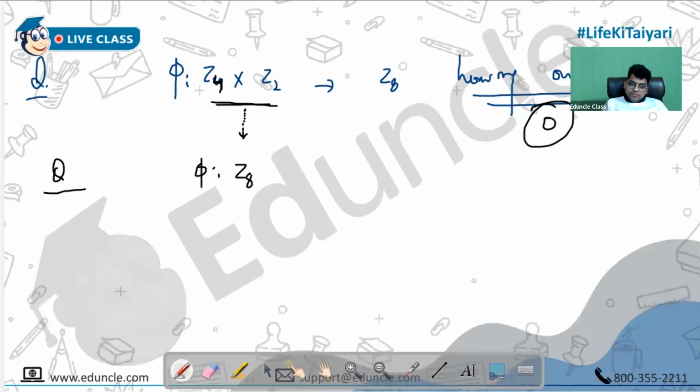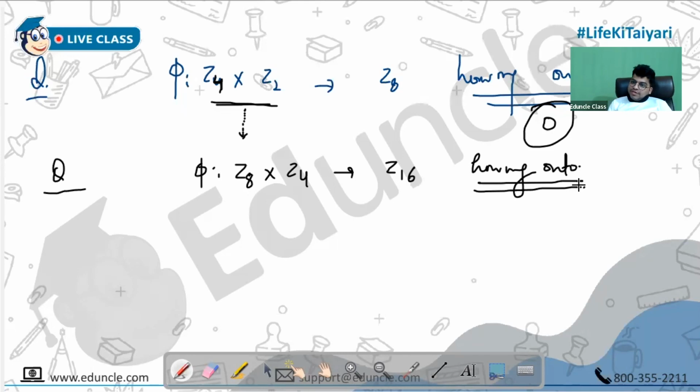Z8 to Z16. How many onto? 16 divide the order of left hand side, that is okay. सर इसमें भी नहीं होगी सर.